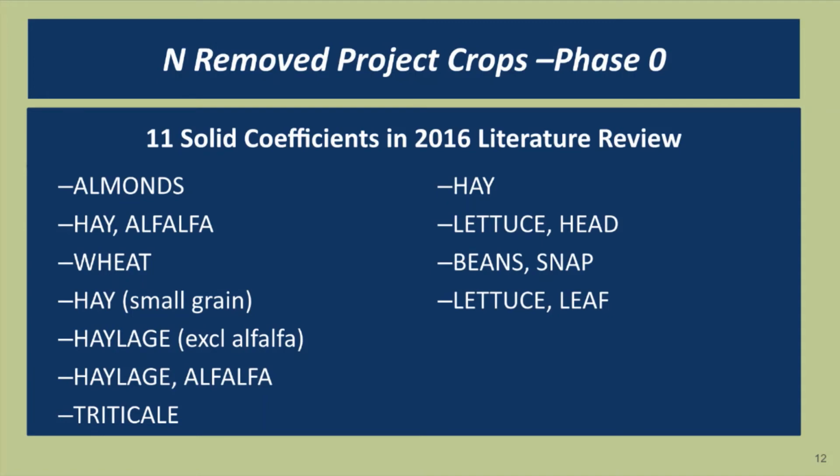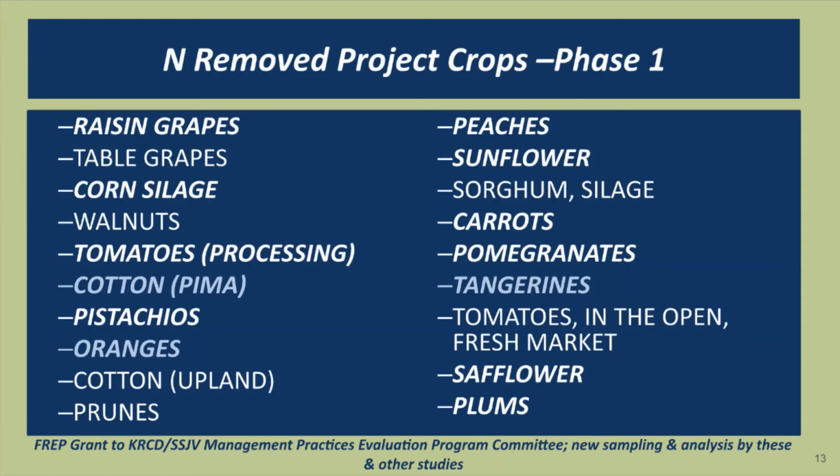So the solid coefficients from the literature review were for these crops, for which there was a lot of good solid current work. In phase one, the phase we're in, we've obtained samples or gotten gray literature for all of these crops.